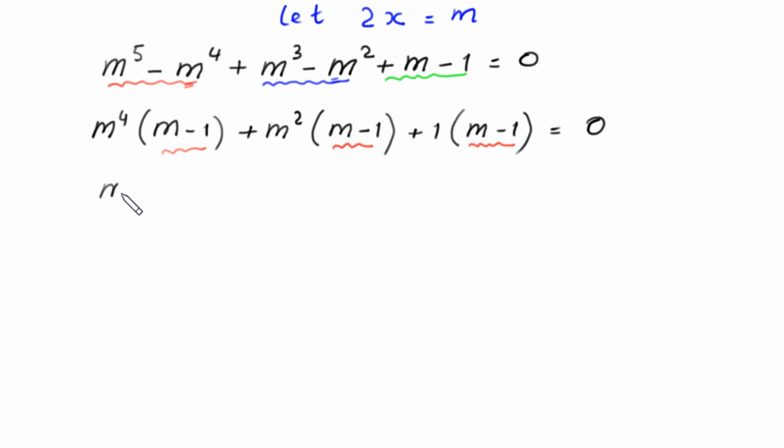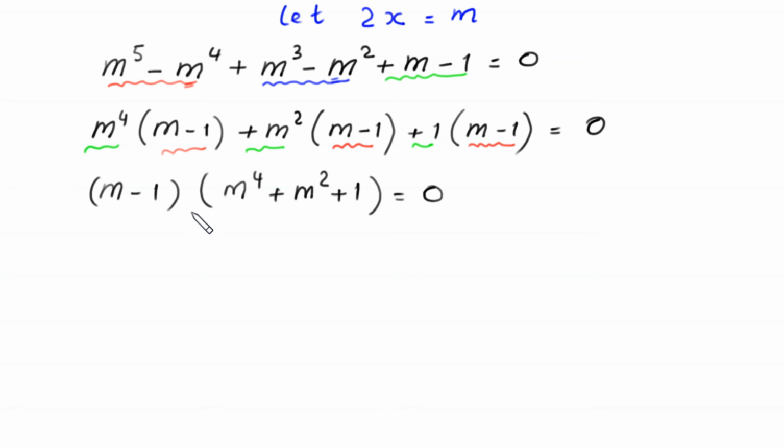So we factor out this m minus 1, and in bracket we have m to the power 4, m squared and plus 1. So (m minus 1) times (m to the power 4 plus m squared plus 1) is equal to 0.